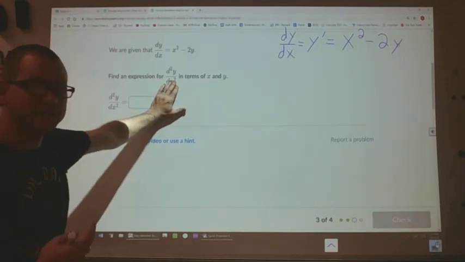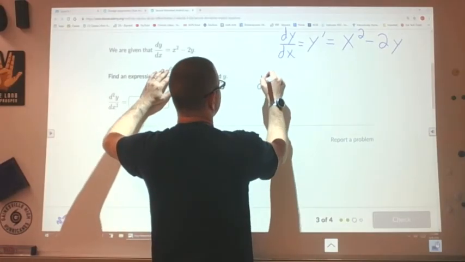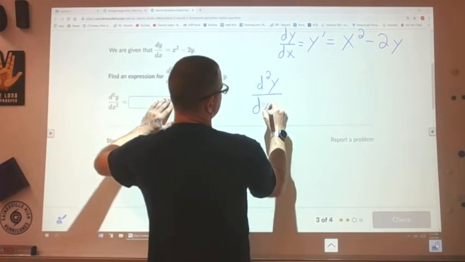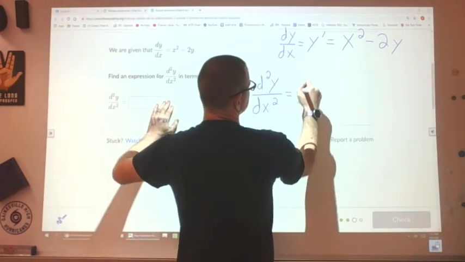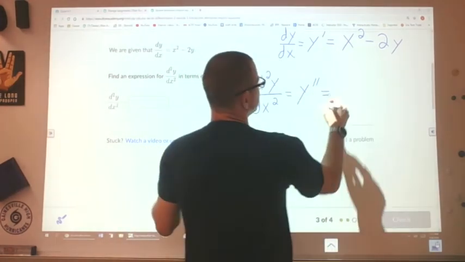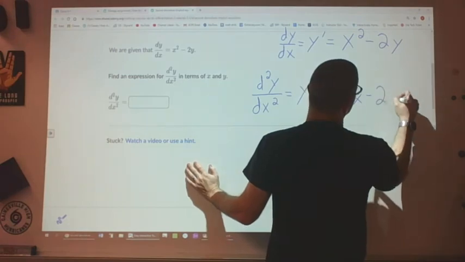So we only have to differentiate once for this problem. So we need to find d squared y over dx squared, which is y double prime, which in this case is 2x minus 2y prime.